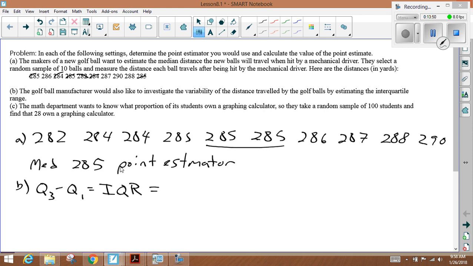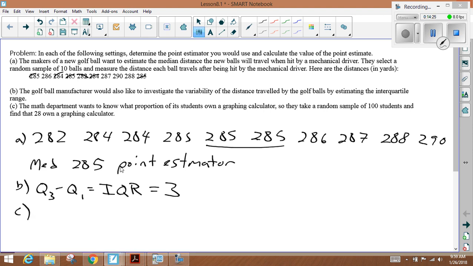But we're just calculating the interquartile range, which is 3. So there's our other point estimator that we would use.